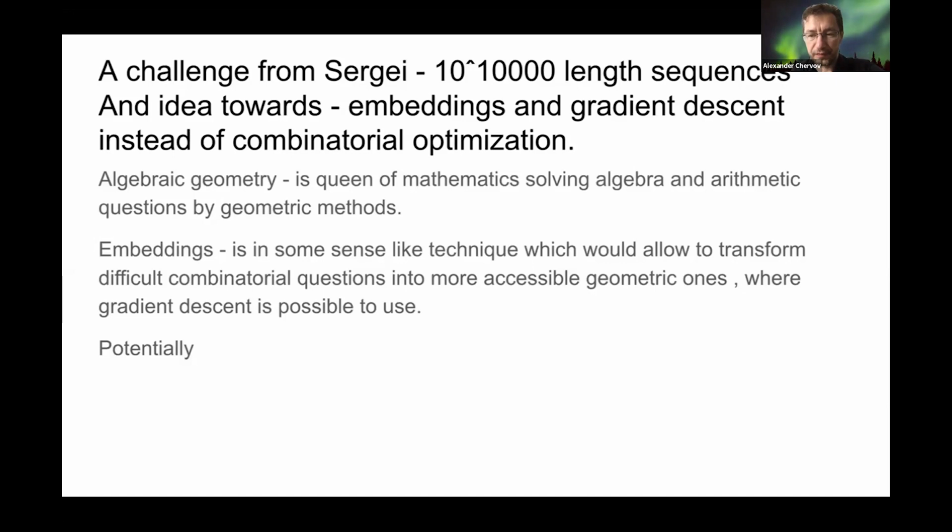Because if we have embeddings, we can, for example, recalculate our distance functions in terms of the embeddings, so they will be defined on the embedding space. And then we can compute the gradient of the distance function, which we need to minimize with respect to the coordinates in the embedding space. And then instead of beam search or A star or whatever, we can go according to the gradient.